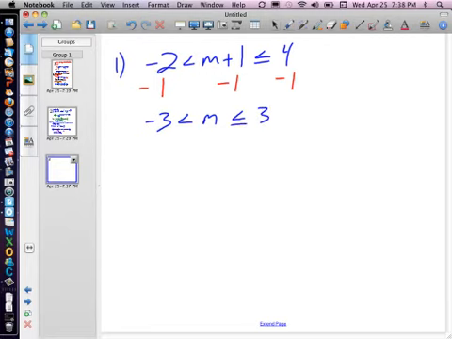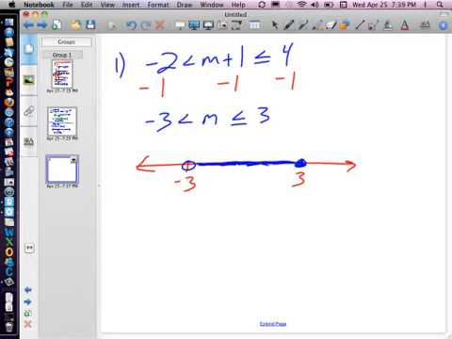And now when we graph that, the boundaries are at -3 and +3. And m has to be greater than -3, and also less than or equal to 3. So that's a filled-in circle, and it's less than.